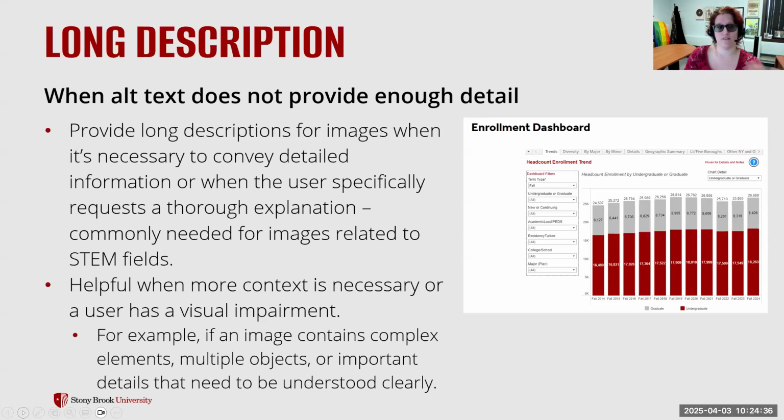This is commonly used for images in the STEM fields. It's also very commonly used in art history to provide, again, that context and the meaning of all the nuances and details of my image. So it's helpful when more context is necessary for someone who maybe has low vision.